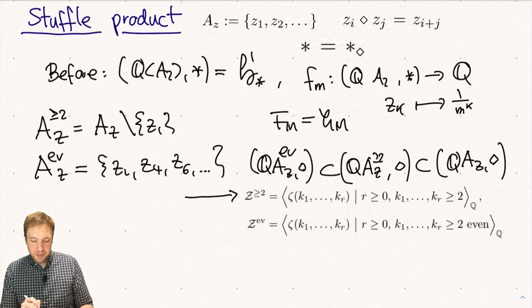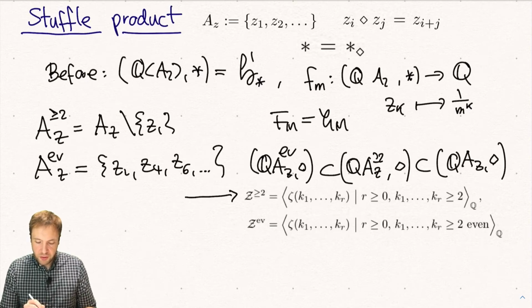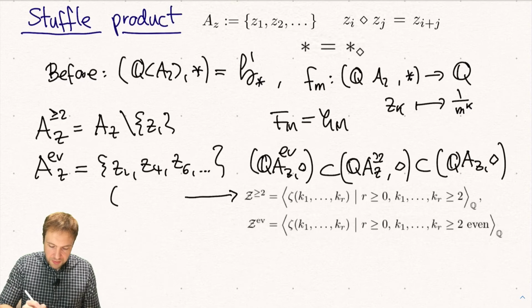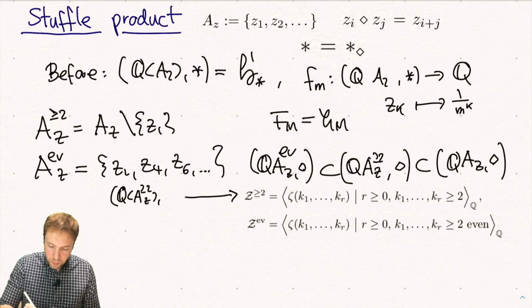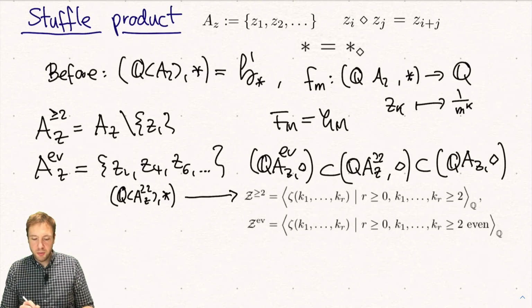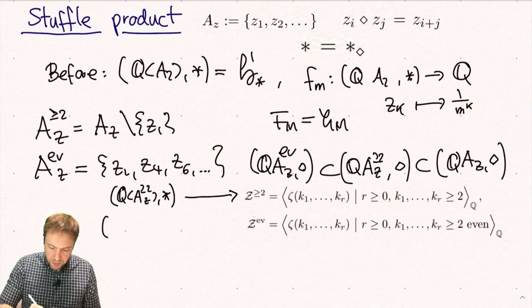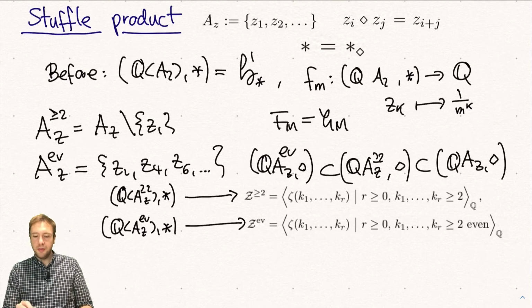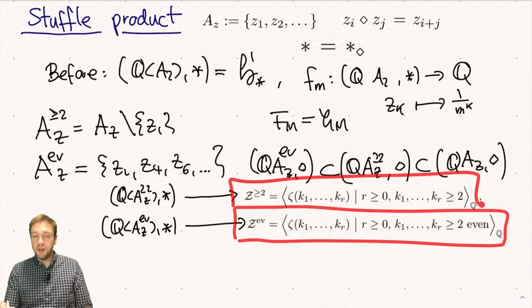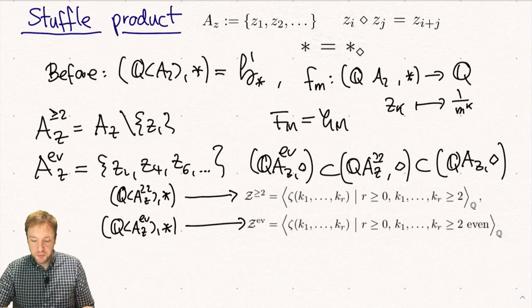So the statement basically is that from the algebra A greater or equal to 2 with the Schaffer product we get an algebra homomorphism to this space, and we also get an algebra homomorphism from A even to this space.